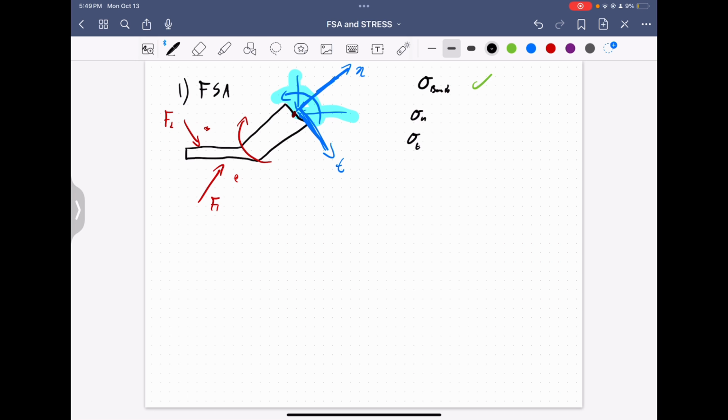But yeah, I would say force system analysis to solve for those forces. 2, you project for NT, axial stress, and then 3, stress due to bending.